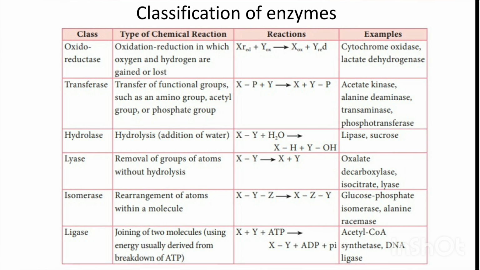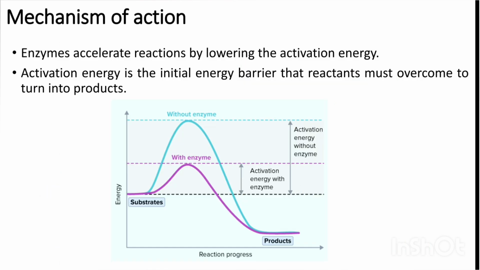Lyase helps in the removal of a group of atoms without hydrolysis, without the addition of water. Isomerase means rearrangement of atoms within the molecule. Ligase is joining of two molecules using energy derived from the breakdown of ATP, adenosine triphosphate. So these are the 6 groups of enzymes.